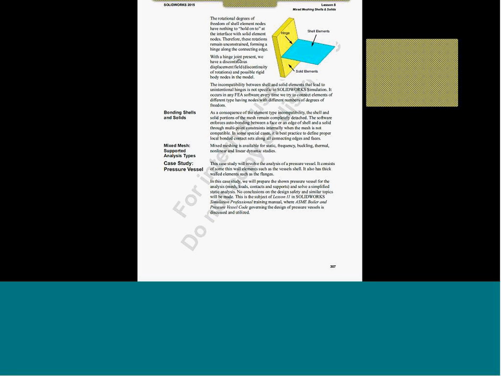Now we have moved to a condition wherein it will actually try to imprint the cross section of the shell on the solid, and it will try to have it connected across the surface and not an edge. That is a bit different perspective.